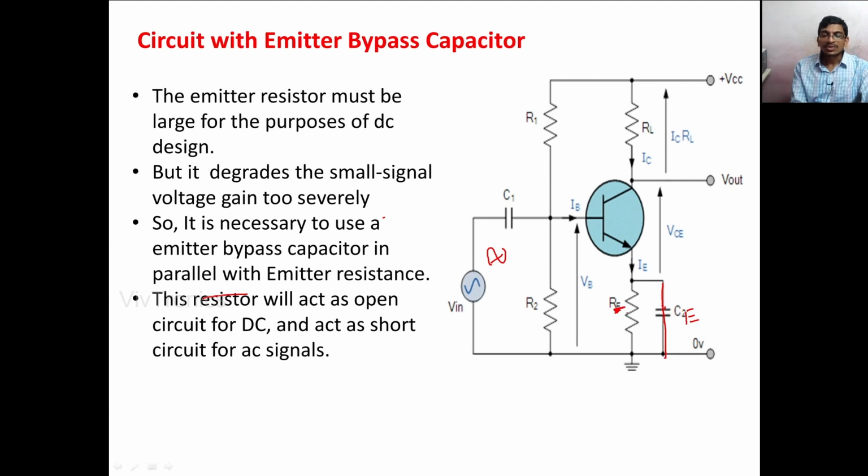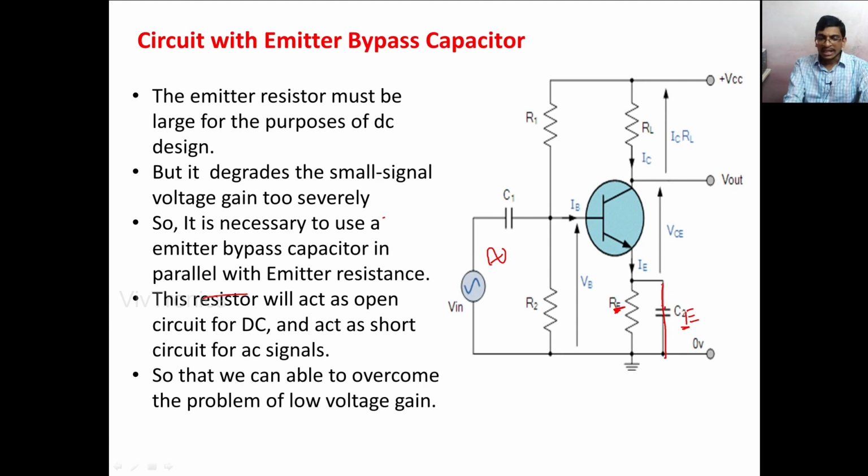A short circuit in parallel with the resistance makes the resistance negligible. Therefore, the total emitter current will flow through the short circuit, which means the emitter is directly grounded through the capacitor. Therefore, the small signal voltage gain will increase drastically, so that we are able to overcome the problem of low voltage gain.